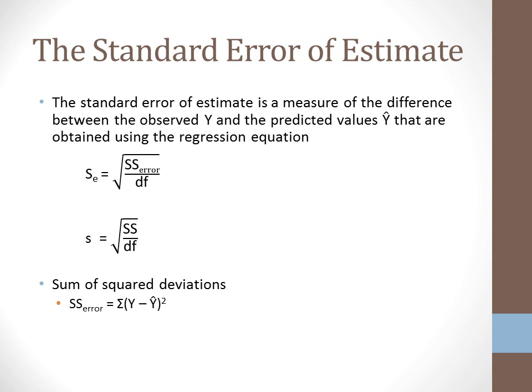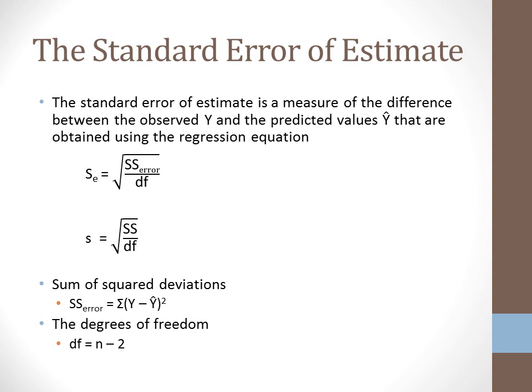If you think back to the regression line that I drew and the distances, we are simply taking the actual score and subtracting the predicted score, or the score that's on the line. We're squaring it and then adding up all those distances. Then we divide that by the degrees of freedom. And if you think back, degrees of freedom when we're talking about correlations is simply n minus 2.